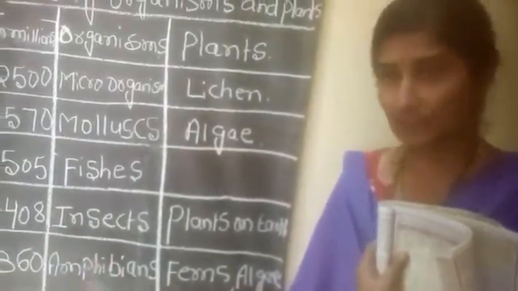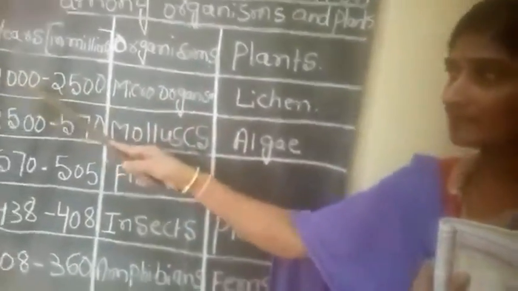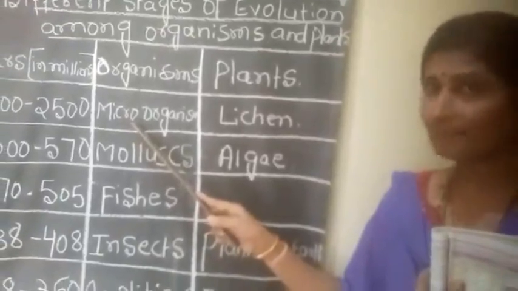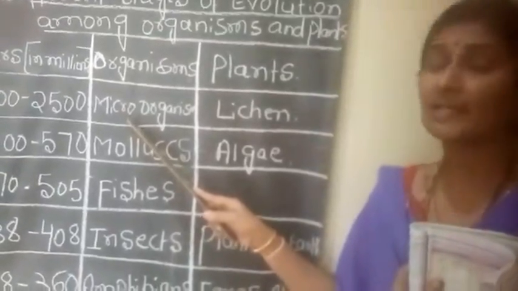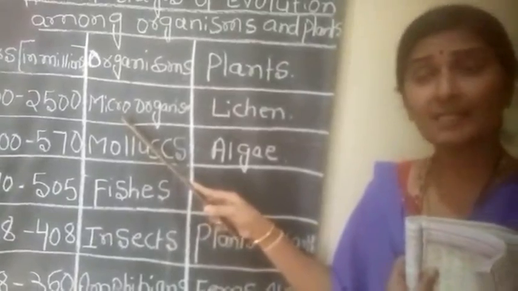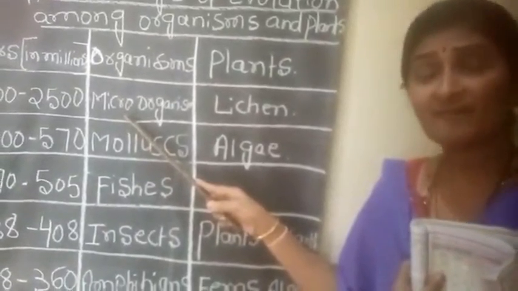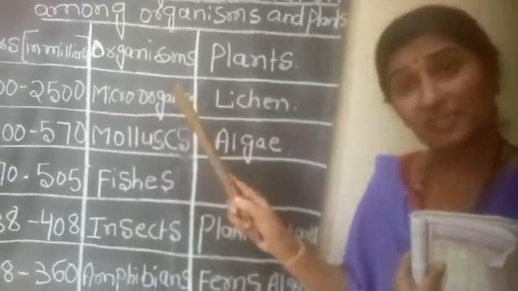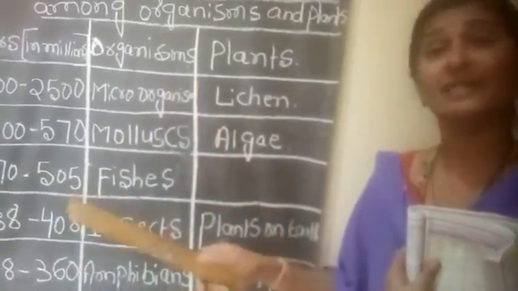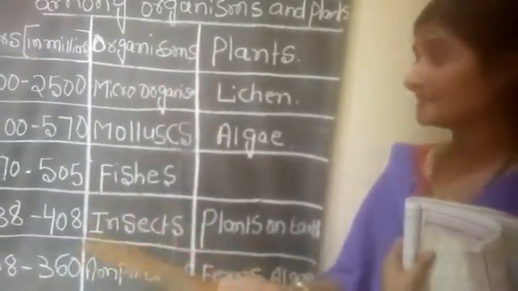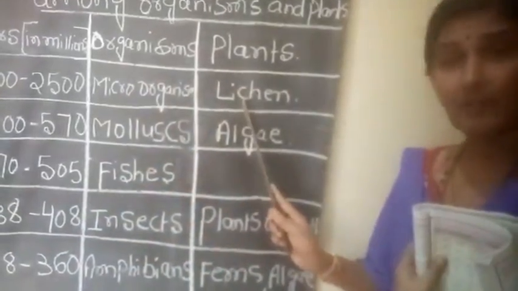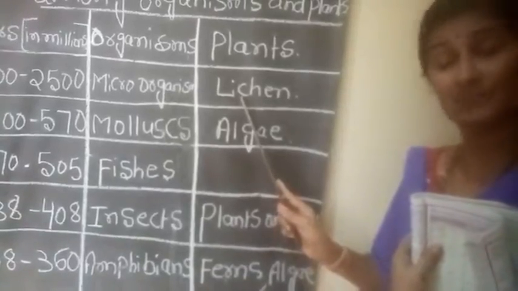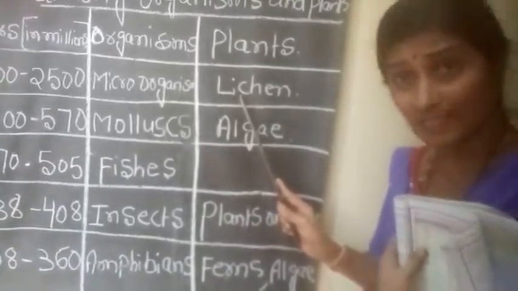I think we have understood. From 4000 to 2500 million years ago, microorganisms. For example, I have told you prokaryotes. The prokaryotes are single-celled organisms which are capable of living in the absence of oxygen and get nutrition and energy from the surroundings. Then lichen is a plant which is grey or yellow in color.